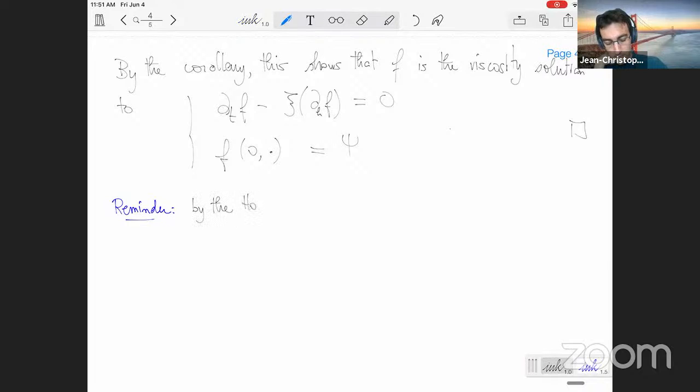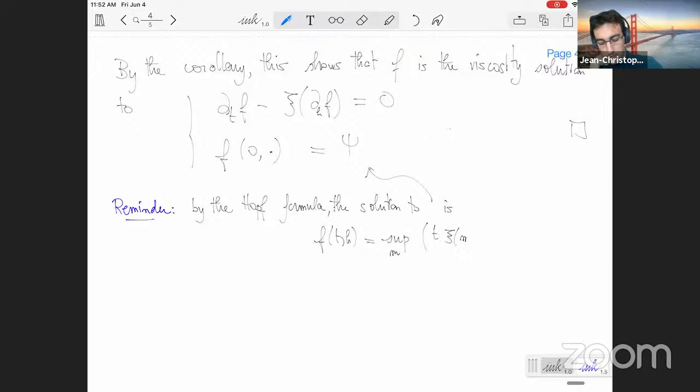By the Hopf formula, the solution to this equation is f of t, h equals sup over m of t psi of m plus hm minus psi star of m.